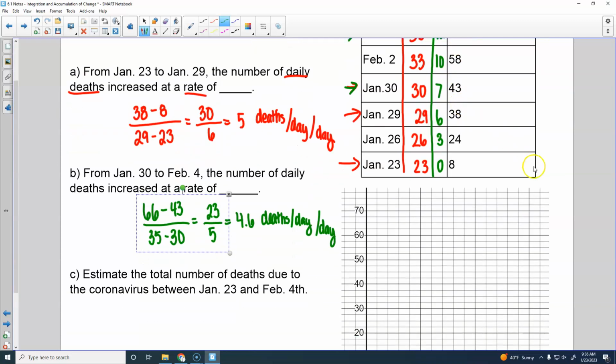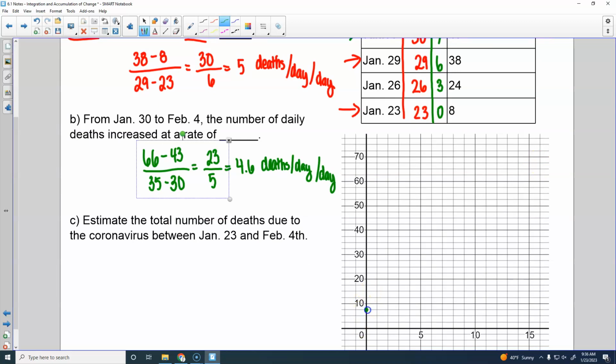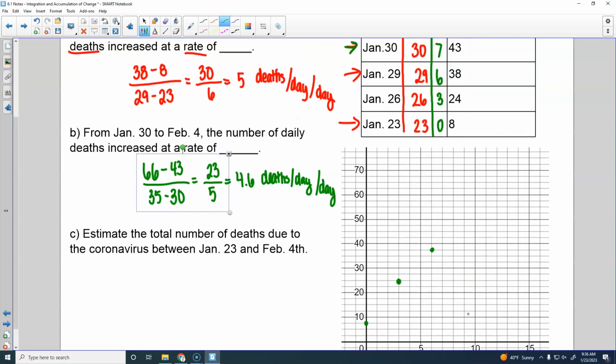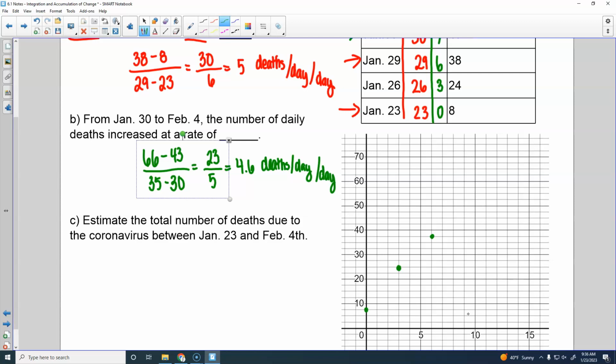Okay. So if we graph our points, we got 0, 8. We've got 3, 24. We've got 6, 38. Make it a little bit lower right there. So if we're at 23, 24 would be just a little bit lower right there.